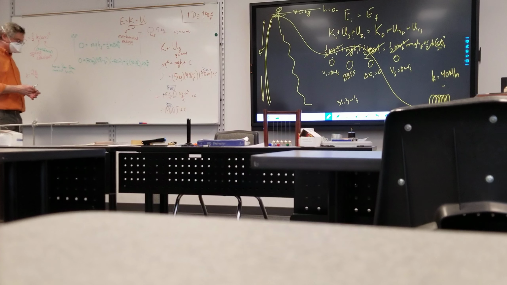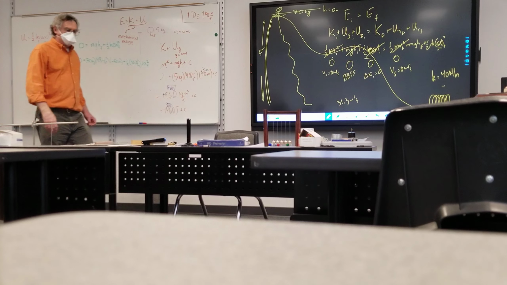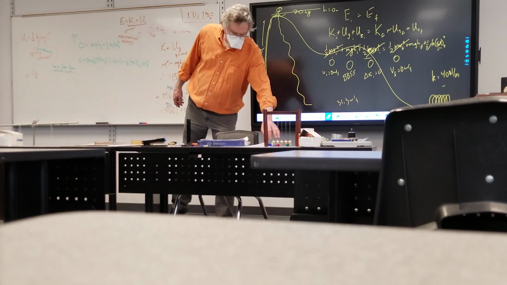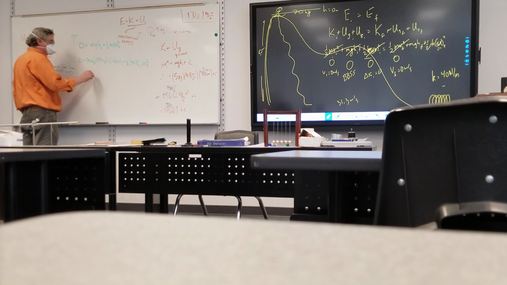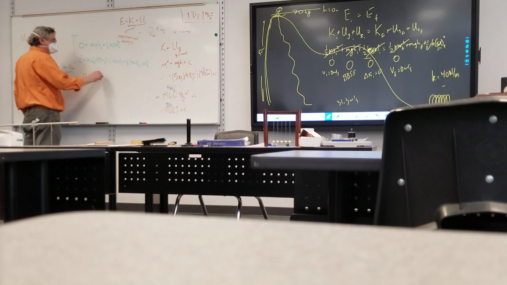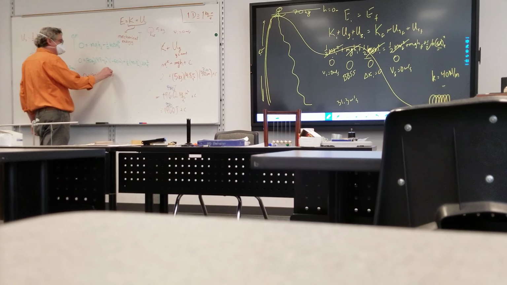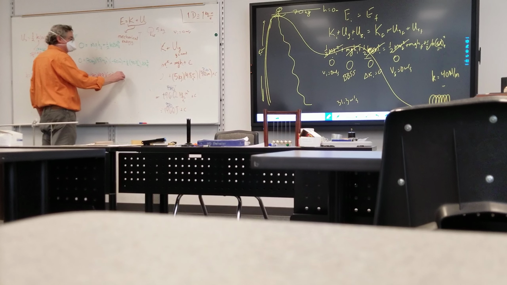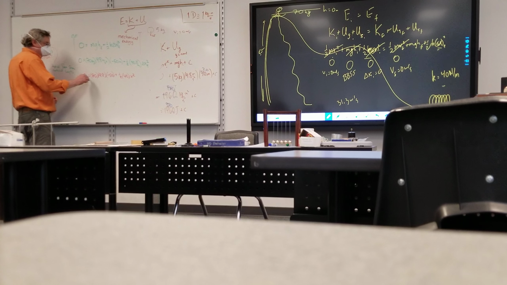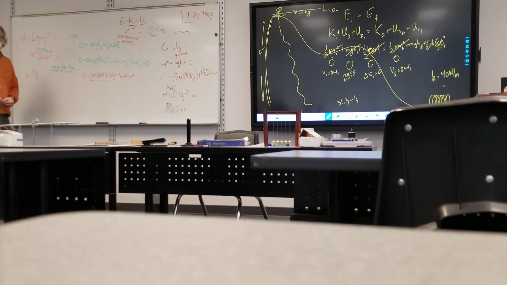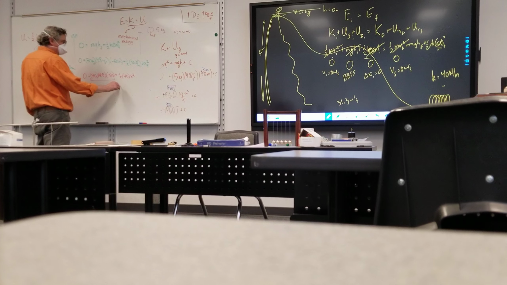The math problem, let's ignore units for the moment. Zero equals 70 times 9.8 times negative 50 plus 1/2 times 40 times x squared. That's the math problem. Let's multiply what we can. That's plus 20.